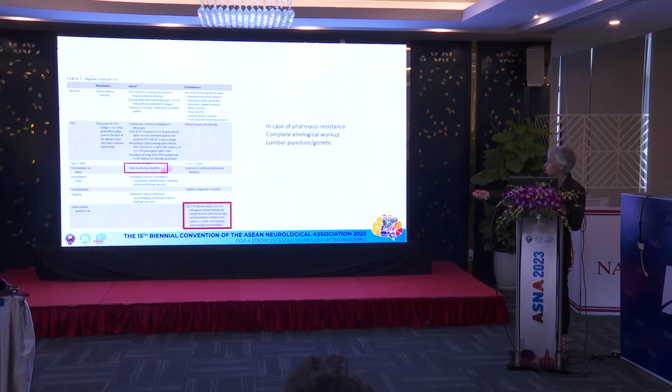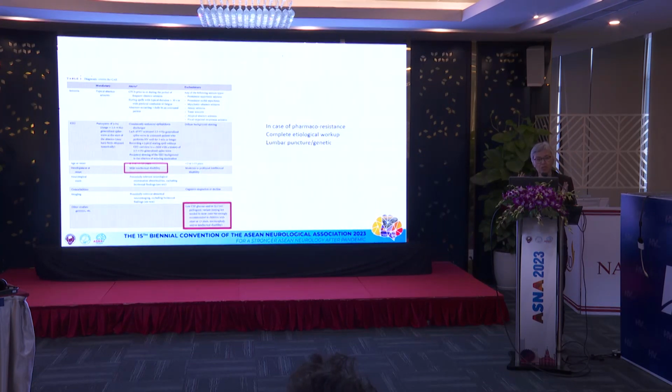She has a mild intellectual disability. So you can say, oh, okay, maybe it's not a very typical absence epilepsy. Maybe I should treat her like a childhood absence epilepsy, but in case of pharmacoresistance, you need to go further. Okay, you need to beware.